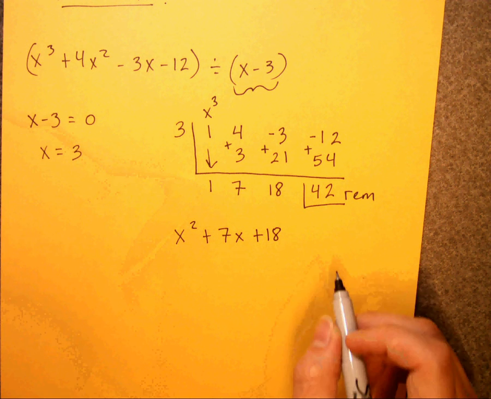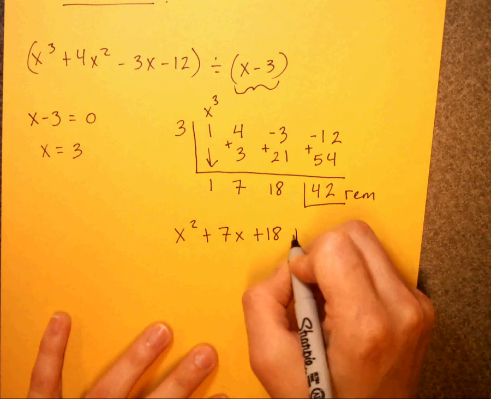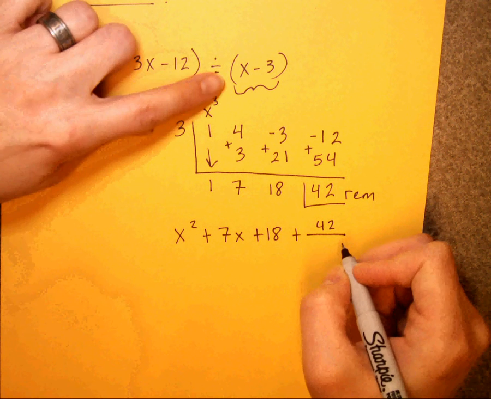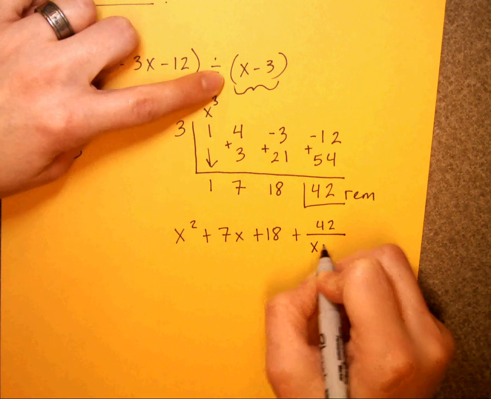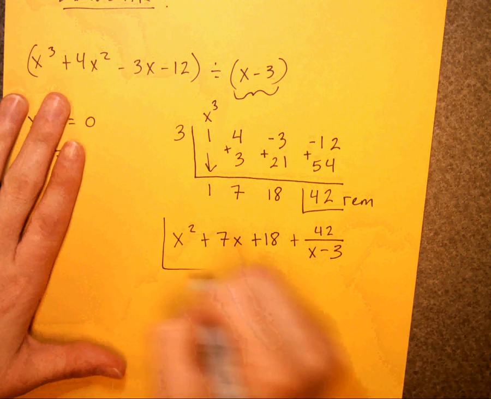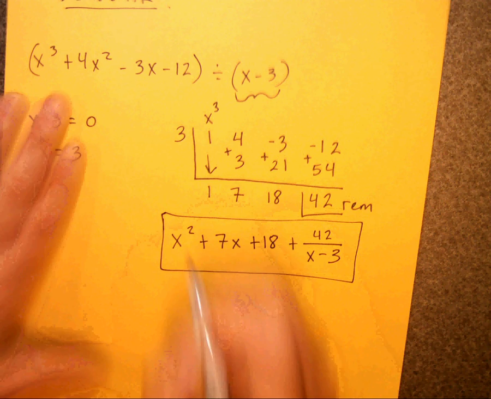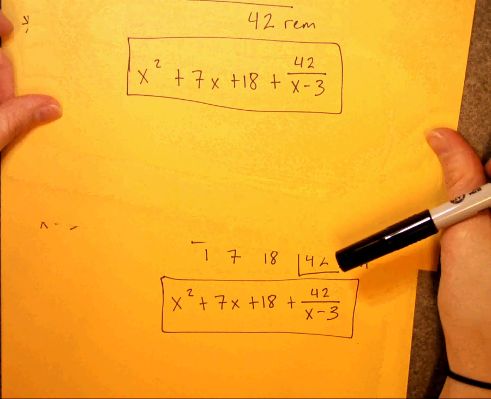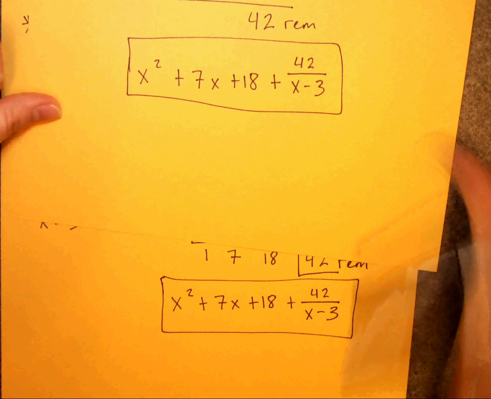And I know 42 is my remainder, so plus 42 over what we were originally dividing by, which was x minus 3. And if you check it, this is the same exact value we got using long division. It's just an alternate method.